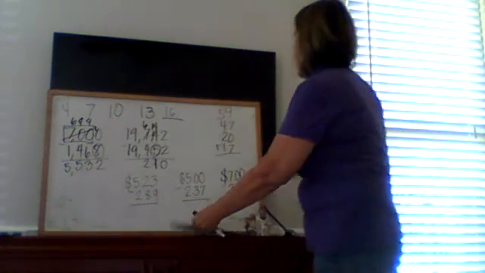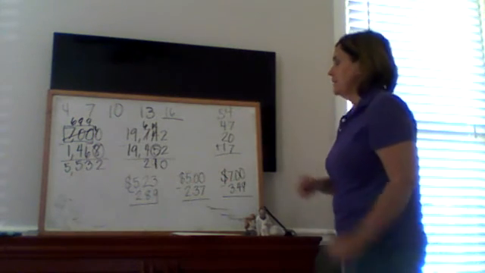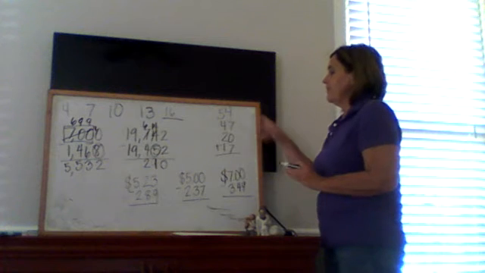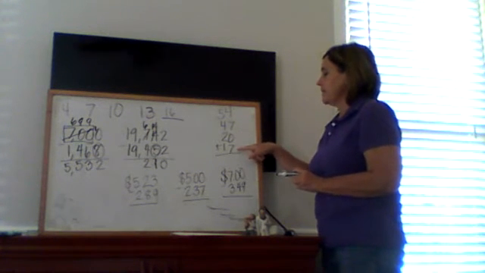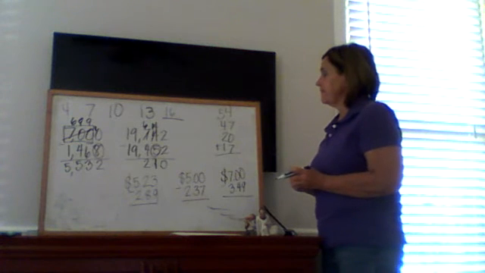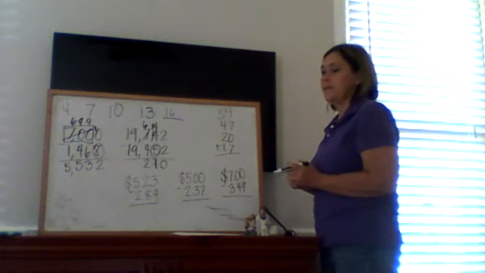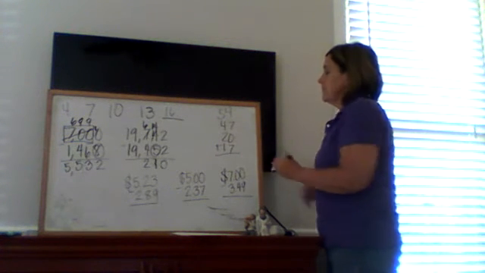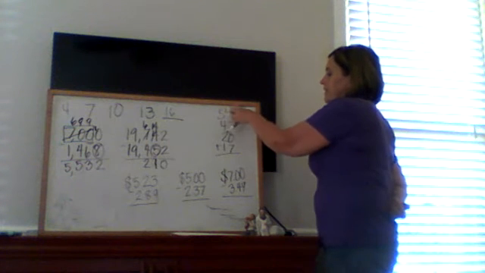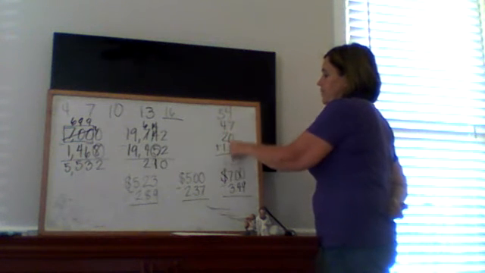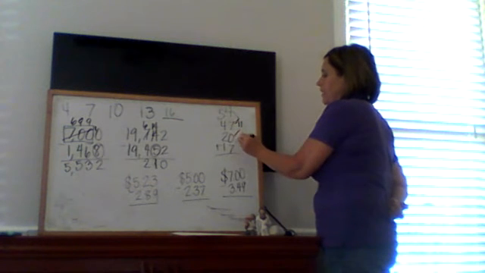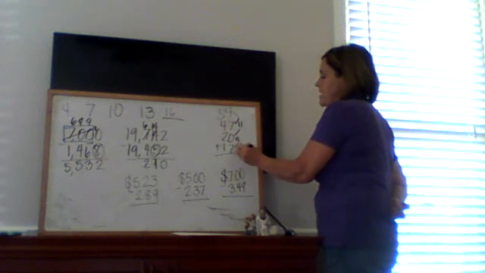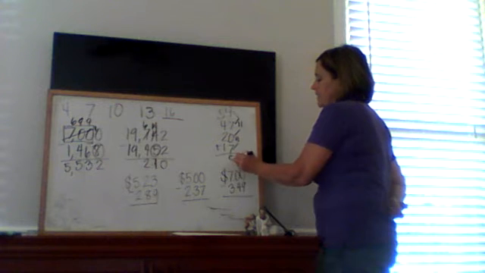Okay, let's solve this combination. 54 plus 47 plus 20 plus 17. So write that down, pause the video. Okay, again, we begin in the smallest place value order, and that's the ones. 4 plus 7 is 11. 11 plus 0 is 11. 11 plus 7 is 18.